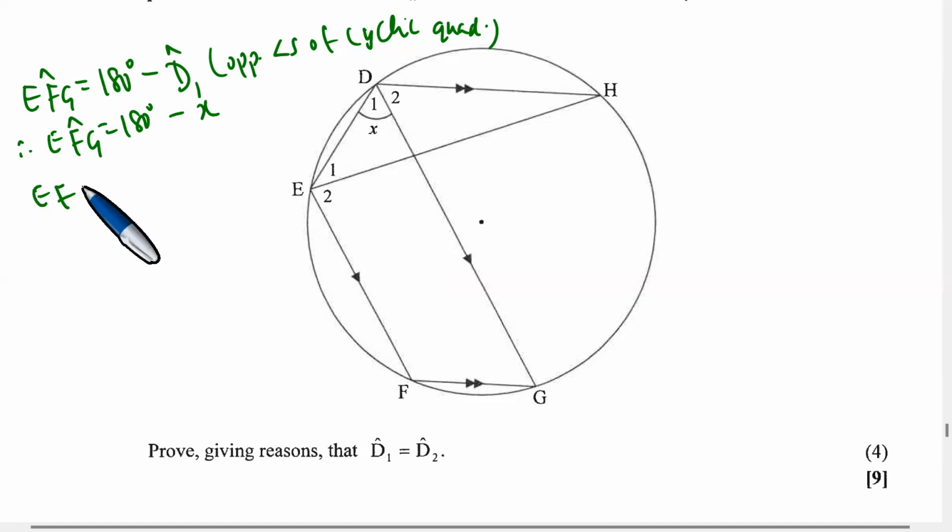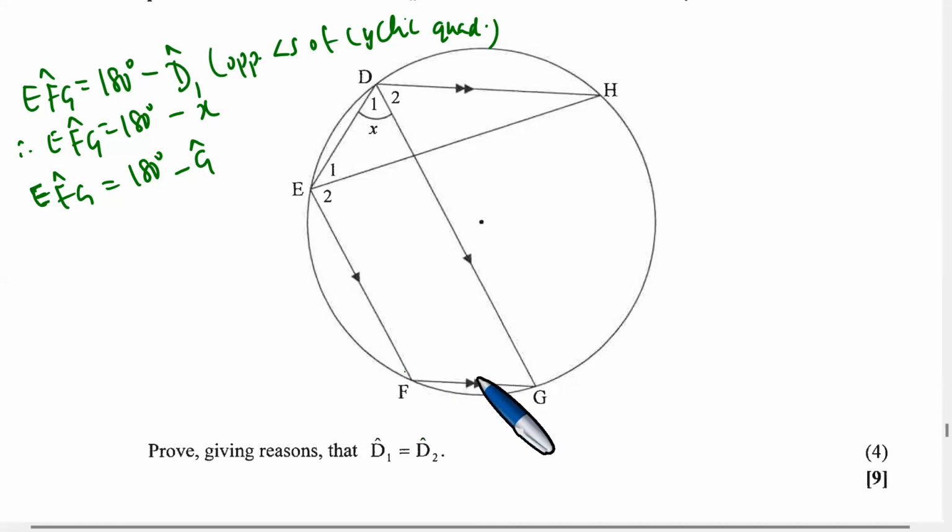What is angle EFG? Angle EFG is also equal to 180 degrees minus angle G, because now you have co-interior angles.